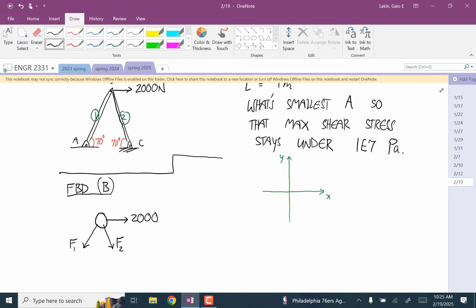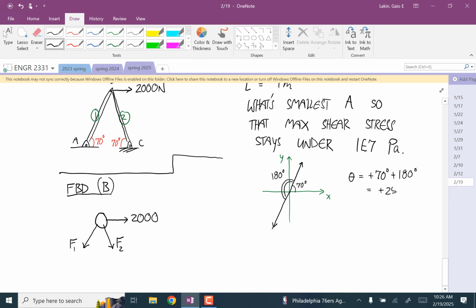We know that this is 70 degrees. And then we know that it's 180 from this one to this one. And so my angle there is positive 70 plus another 180.